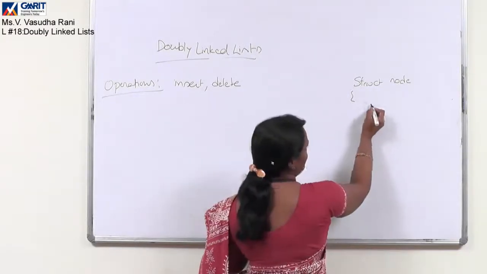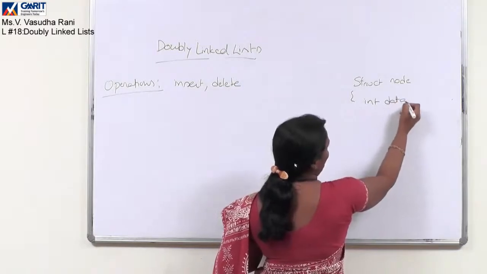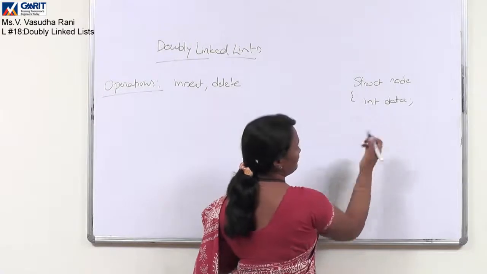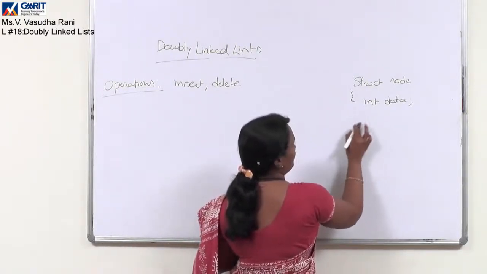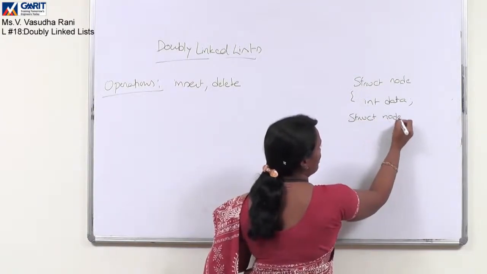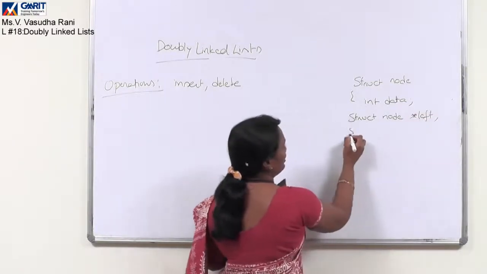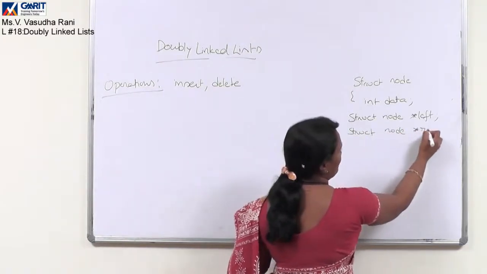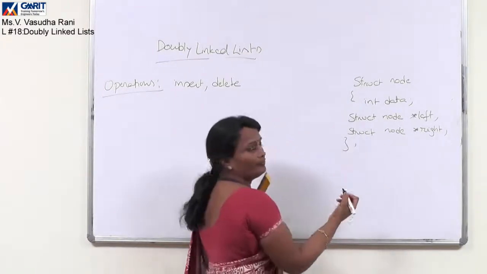We have taken one data field, int data, assuming integer data. But coming to the link fields, we have two link fields, left and right, and both of them should be of struct node type. So it is struct node star left pointer and struct node star right pointer.